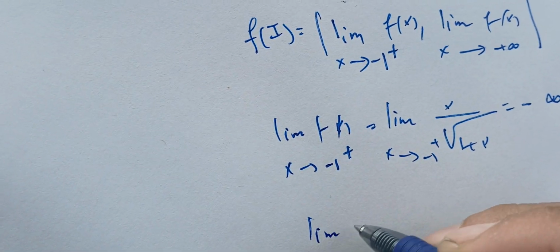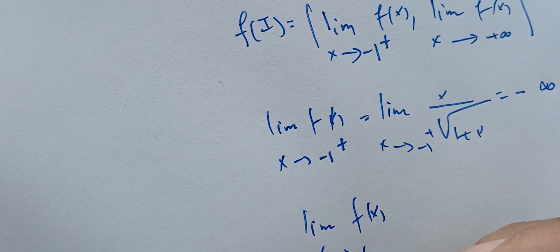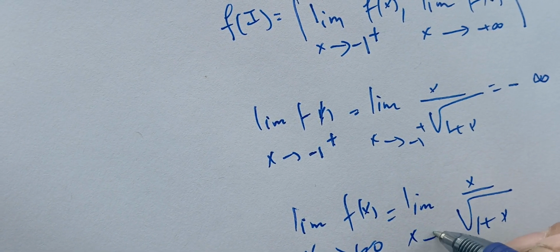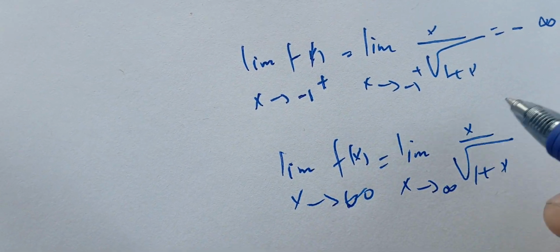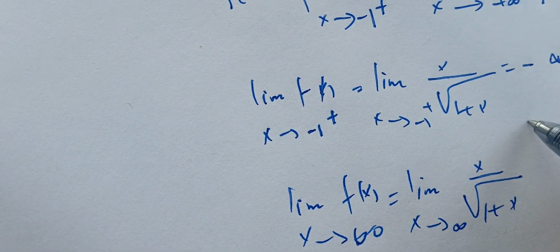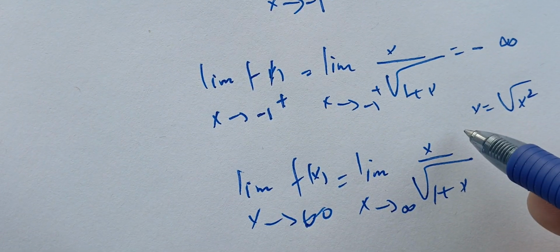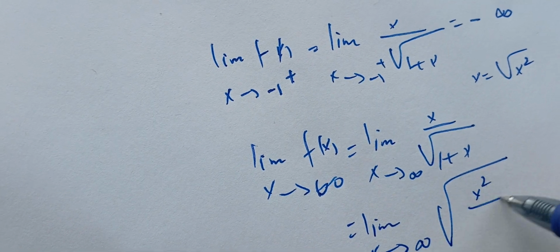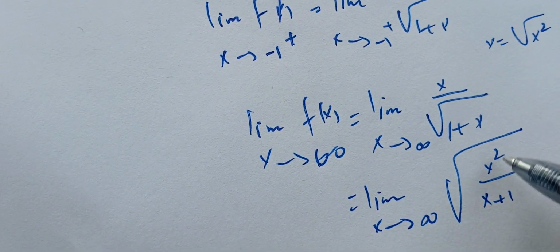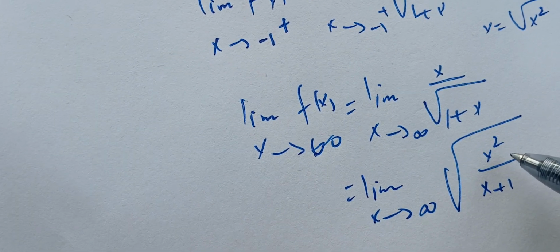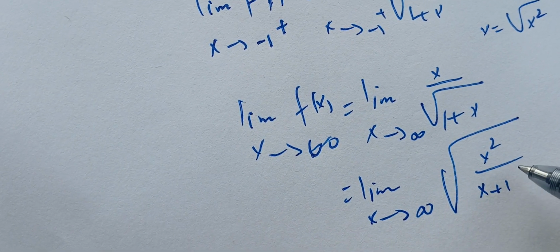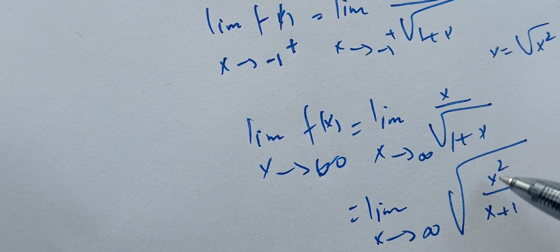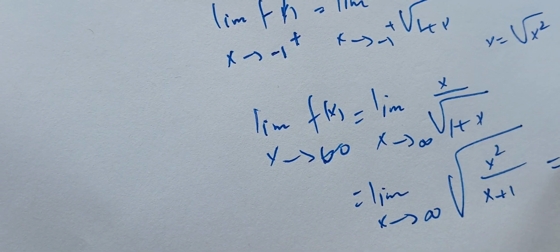Now the limit as x goes to plus infinity of x over the square root of 1 plus x: since x is big, we can write x as the square root of x squared, and we get the limit of the square root of x squared over x plus 1. Here we have two polynomials, so the limit is dominated by x squared over x, which is x, and x goes to plus infinity. Using that the square root is a continuous function, we have plus infinity.